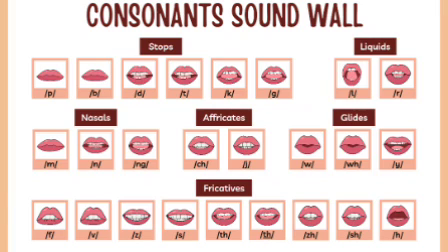Just as I said earlier, in today's lesson, we will be looking at the different categories, the different classes of consonant sounds. So, in today's class, we will be looking at the stops, the liquids, the nasals, the affricates, the glides, and the fricatives, just as you can see on the screen.